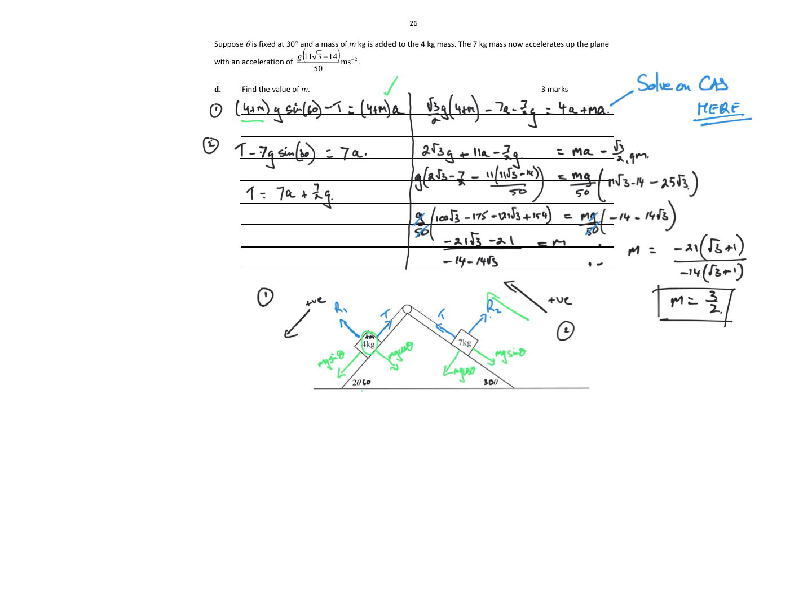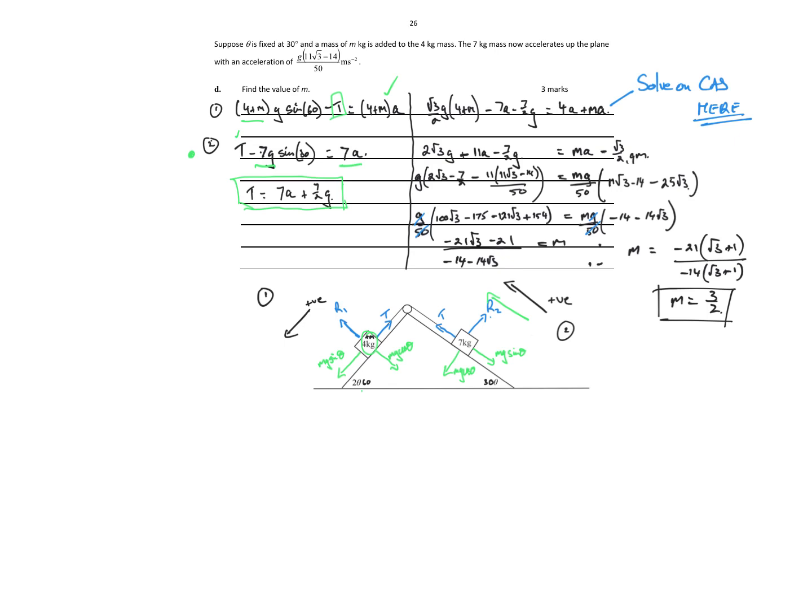And if we have a look at the second particle, system 2, I've got up the plane, so a positive tension minus mg sine theta, which is 7g, equals 7a. So this one gives me very quickly, sine 30 is a half, I get tension is 7a plus 7 on 2 g. So that's what I'm going to be able to substitute into the first equation.